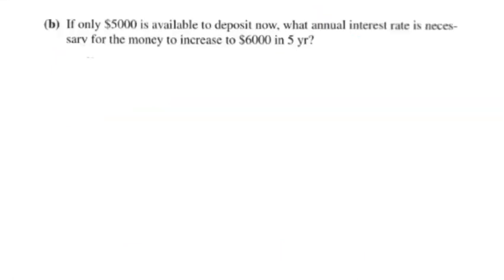Now for part B, if only $5,000 is available to deposit right now, what annual interest rate is necessary for the money to increase to $6,000 in 5 years? Alright, let's go ahead and plug everything into our formula. Your N is 1, so it'd just be 1 plus R instead of R over N, since it's compounded annually.